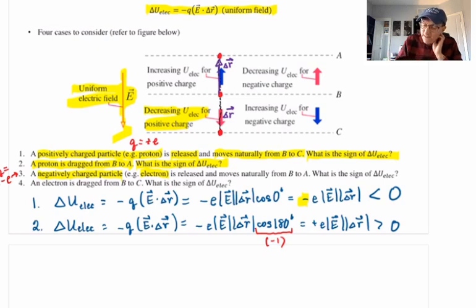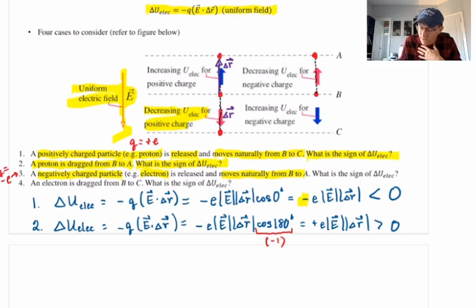And we're going to release the electron at point B, and it's going to move, note, naturally, from B to A, this way, until we get up here. You see how we know it's going to do that? Naturally, go from B to A, go higher. Because it's a negatively charged particle, so the F electric acting on it is opposite to the electric field E, and the E is down.